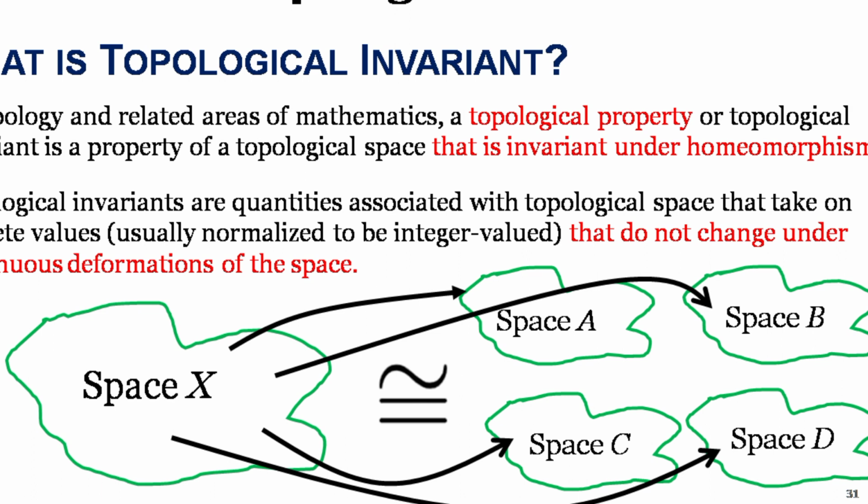That means this space A, when it evolves into certain other spaces, space B, space C, space D, these are all homeomorphic to each other. So topological invariance is something that will not change under continuous deformations of the space, and where it is invariant. That means a space which is invariant under homeomorphism.